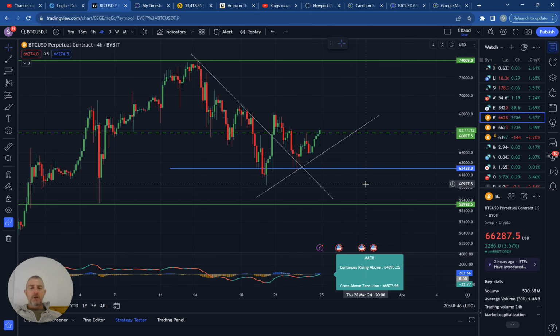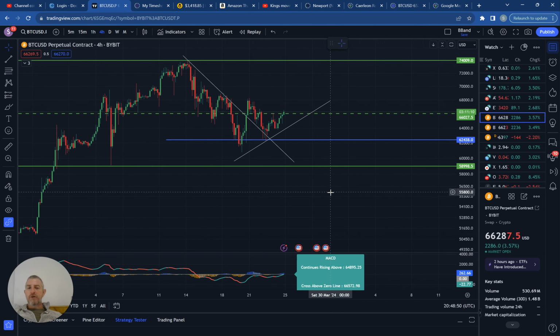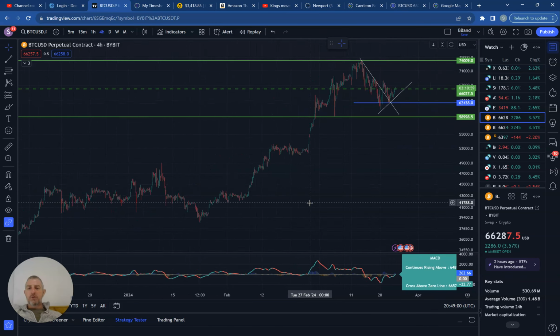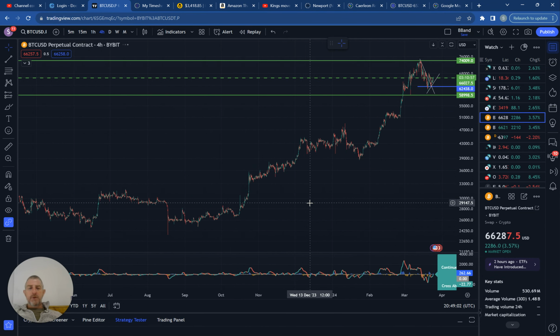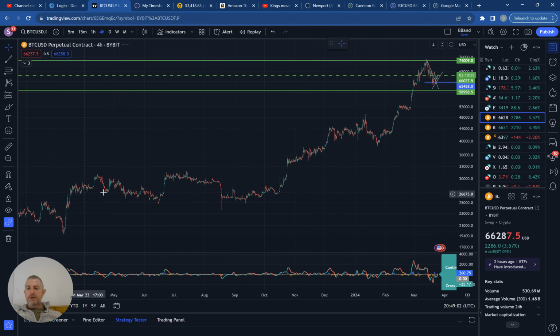But I do wonder if this range game may continue for some time, just to diffuse a bit of the crazy one-way volatility that Bitcoin has had for so long. I mean, all right, this was sideways, but it was up only.